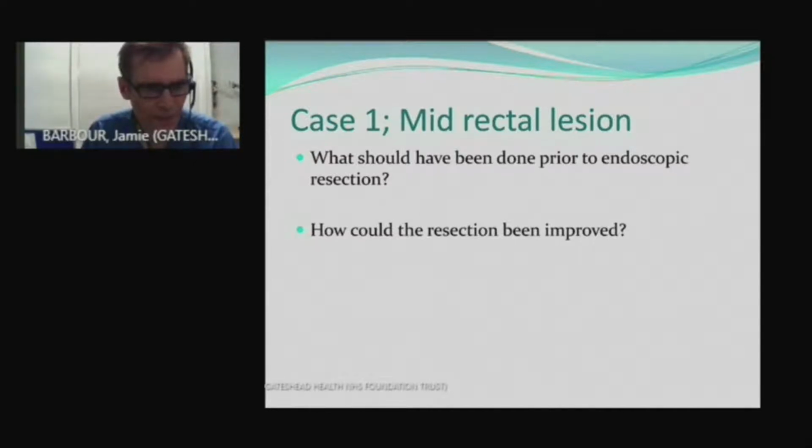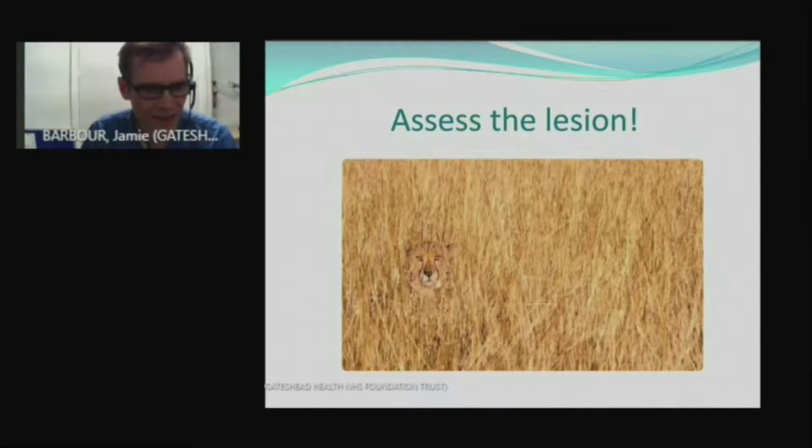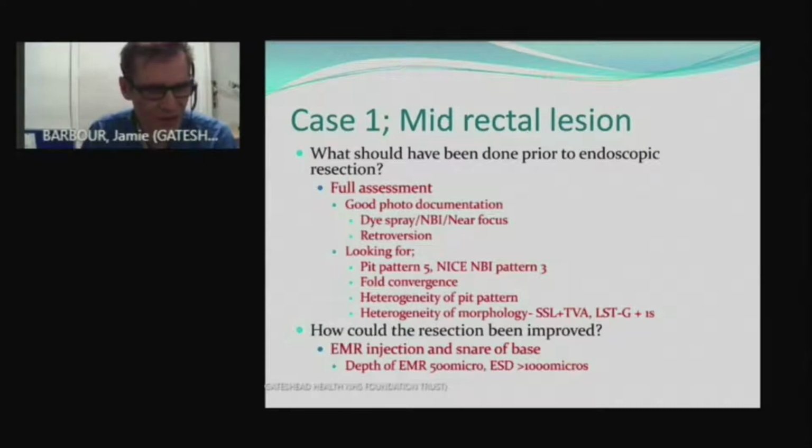Well, essentially, you must assess the lesion, and I don't think that this lesion was assessed as best as it could have been. And the focus of assessment is looking for any increased risks of malignancy, and that would include pit pattern 5, NICE NBI pattern 3, any subtle signs of cancer or invasion, such as fold convergence, and then any heterogeneity of pit pattern or morphology.